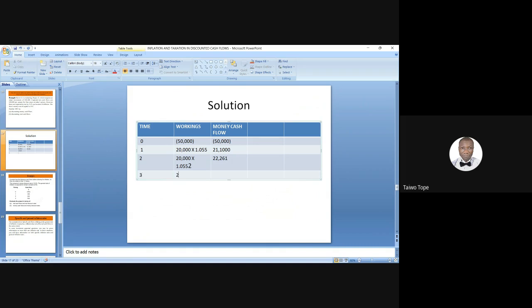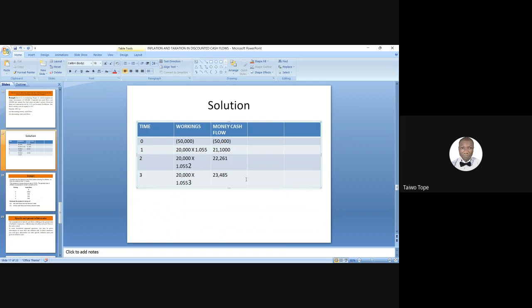In year 3, it will be 20,000 multiplied by 1.055 to the power of 3. Once you compute that on your calculator and multiply by 20,000, you should have 23,485.